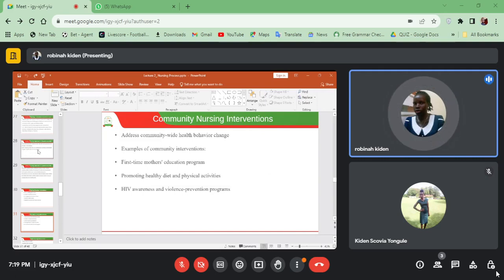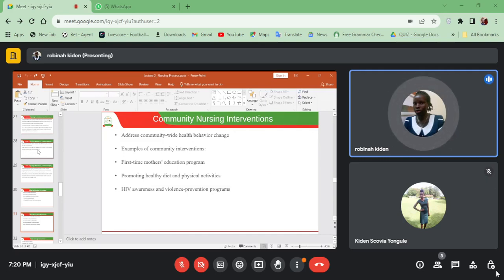Then another intervention can be promoting a healthy diet and physical activities, promoting a diet that will cause less harm to the body, and also encouraging people to do physical activities. Then HIV awareness and violence prevention programs.